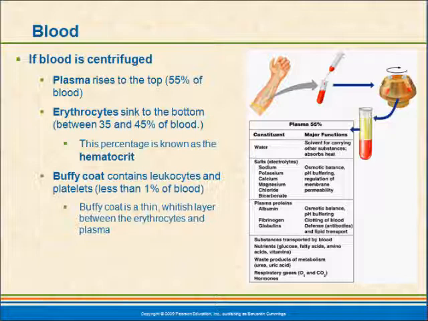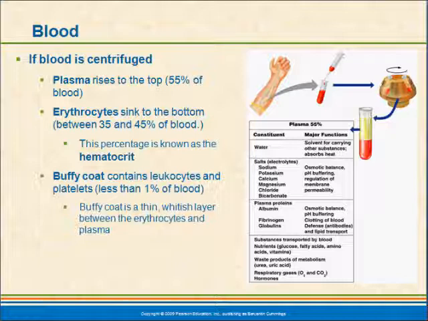Measurement of this percentage is known as a hematocrit, and that is a quick and easy test that is done sometimes to see if a person's lost a lot of blood. It is a way to see if they have certain anemias and things like that. The fluid portion will rise to the top, and that's the plasma, and that's about 55%.